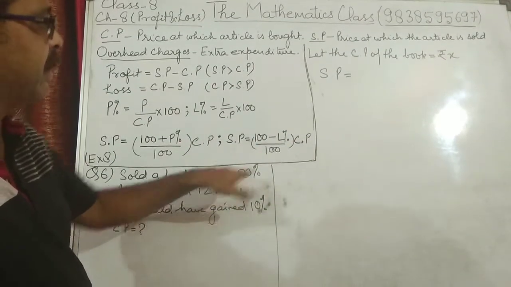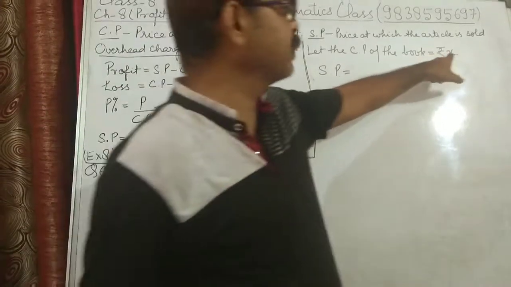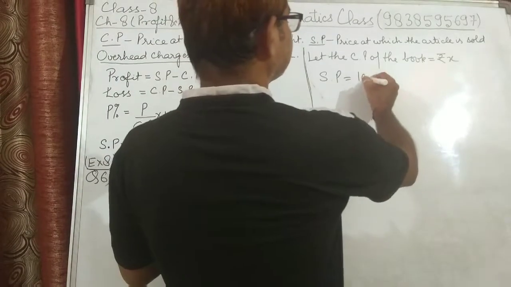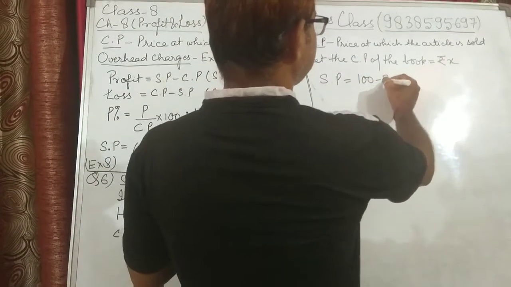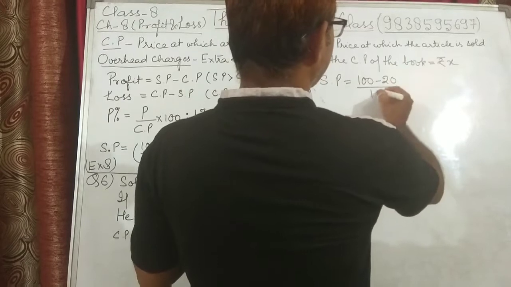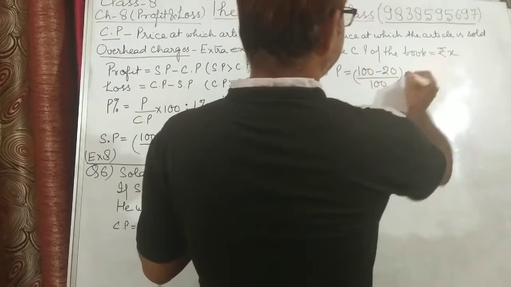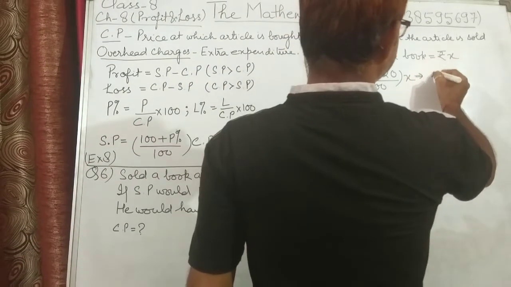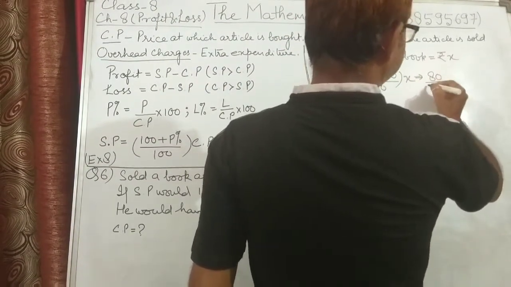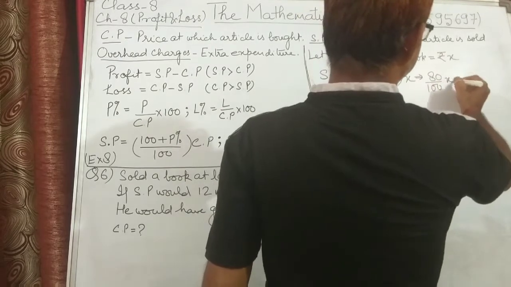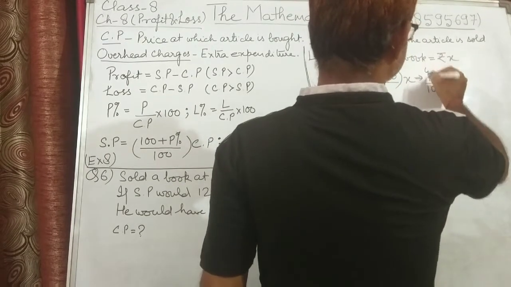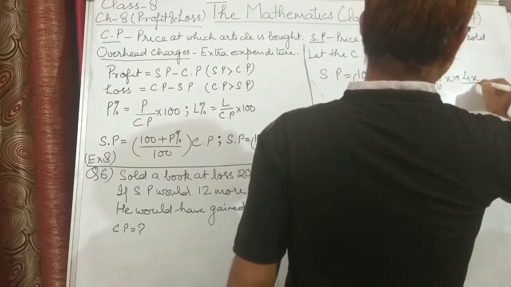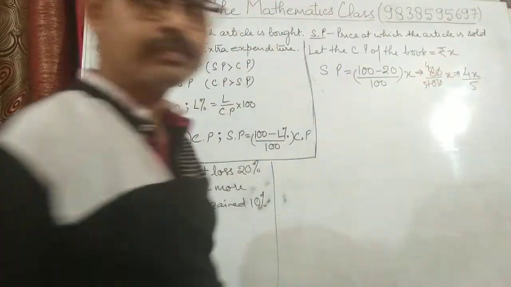Loss percent is 20 and CP we have assumed as X. So using this formula, selling price is 100 minus loss percent, that is 20, upon 100 into X. 100 minus 20 is 80 upon 100 into X. 0, 0 cancel, 2 4s and 2 5s. So the selling price of the book is 4X upon 5.